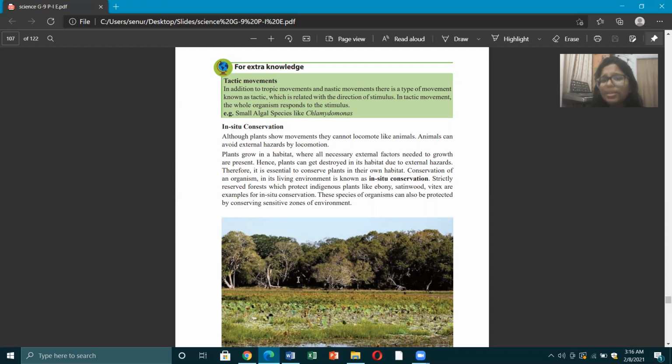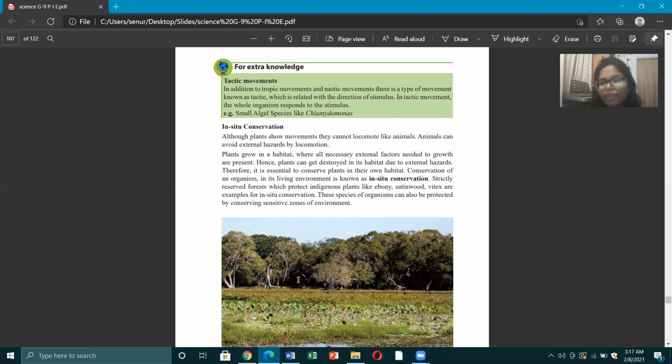If an external hazard comes, they can't face it, right? So they'll get destroyed in the very habitat they live in.